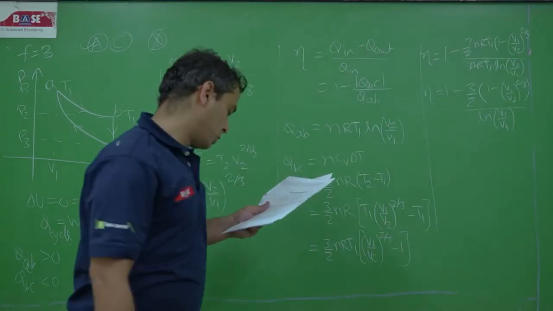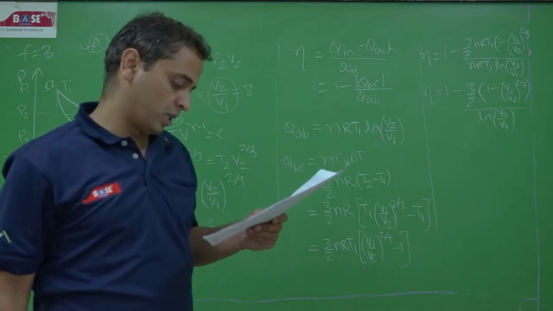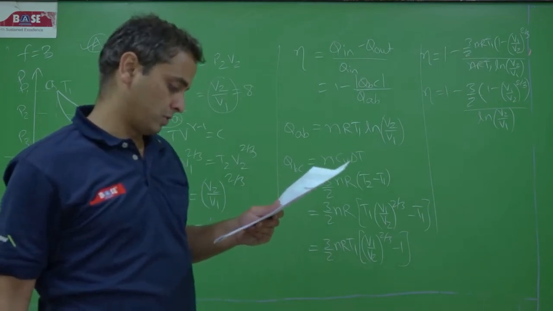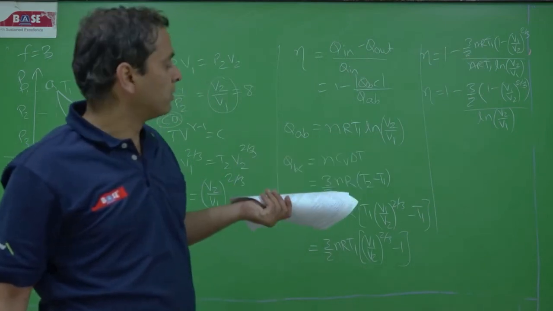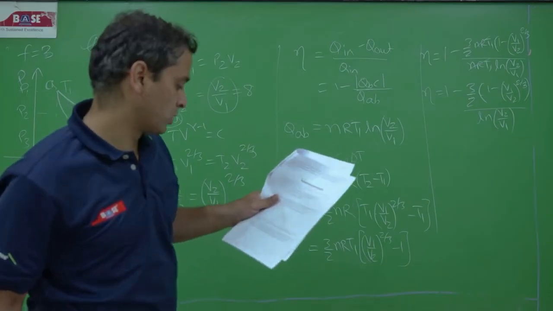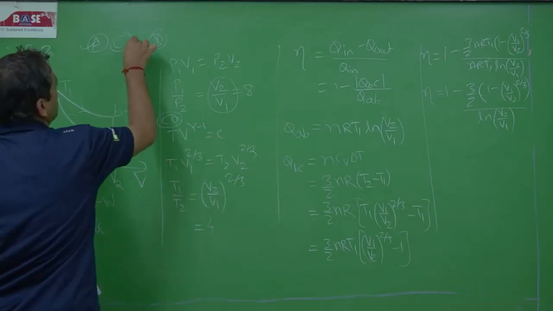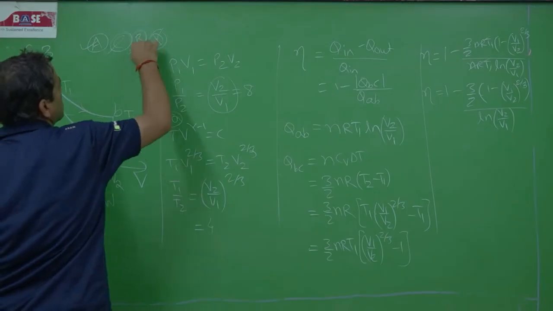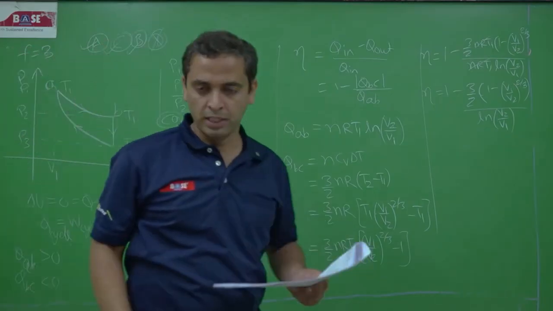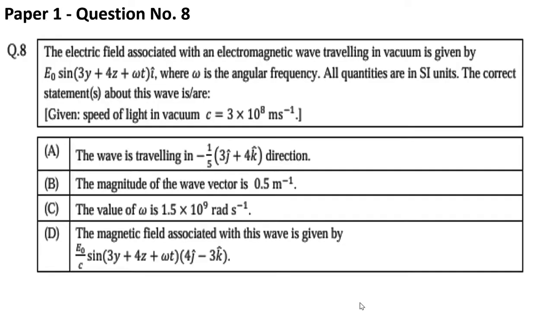For a given value of V2 by V1, eta does not depend on the temperature of the isothermal process. It doesn't depend on T1, right? Option B is also correct. They didn't ask for a value, we don't have to substitute anything. Just, does it depend or not? Yes, A, B, C will be the answer. D is wrong.